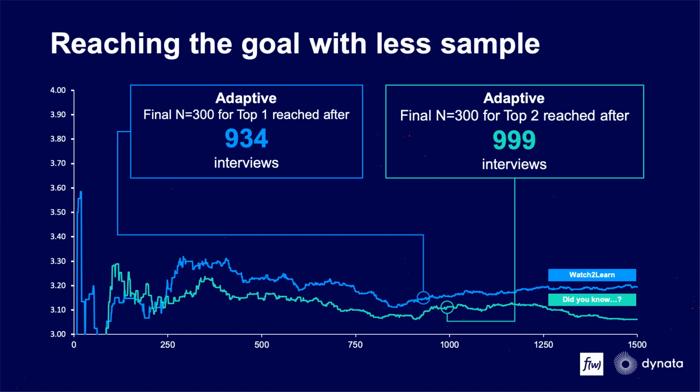So this approach can save about 10 to 20%, maybe a bit more sample, speeding up the field time, which is essential. That depends a bit on characteristics of the study and the number of concepts you want to test, but something around 20% is a fair assumption. And it also makes the survey feasible, because think of hard-to-reach target groups in B2B or other narrow target groups where sample availability might be limited. The algorithm increases efficiency and feasibility here.